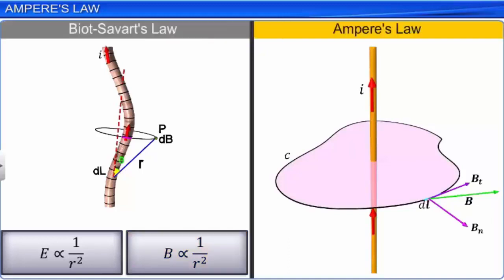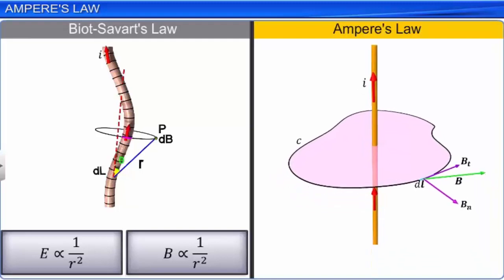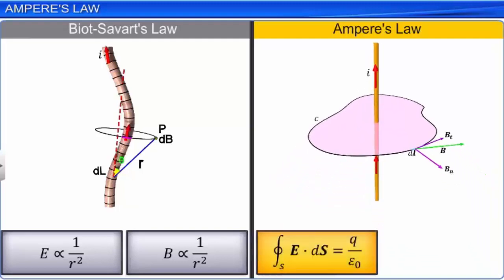Ampere's law is similar to Gauss law for electrostatics. According to Gauss law, integral over the closed surface S, E dot ds is equal to Q by epsilon naught.